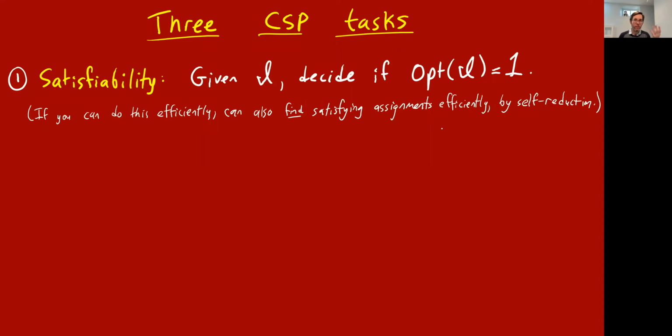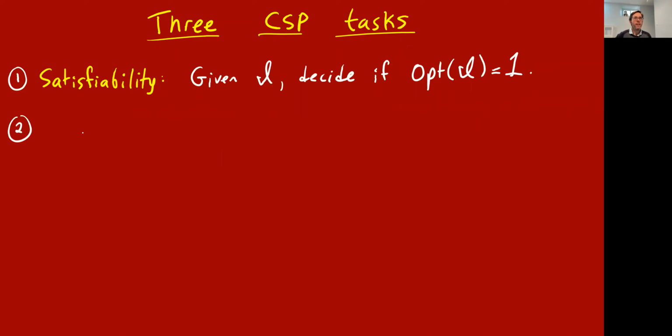If so, great, freeze that assignment. If not, try the next assignment. And you can go through all the variables iteratively and find an assignment that preserves the fact that the CSP is satisfiable. And if you don't mind about polynomial time, then this reduces the problem of finding a satisfying assignment to just deciding whether or not an instance is satisfiable.